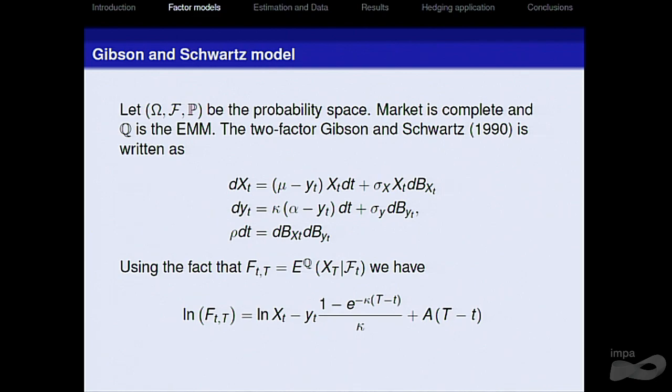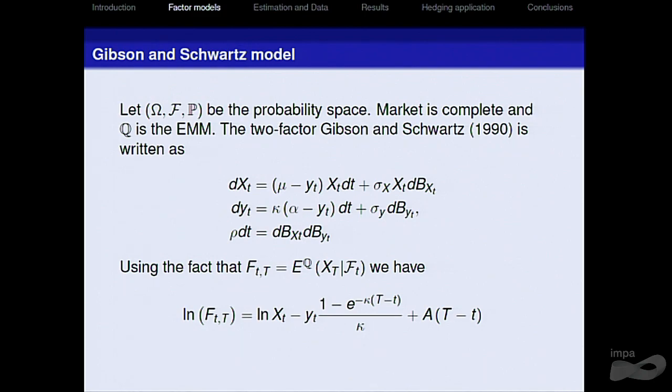The idea here is very simple. We want to improve this, to go deeper in describing the convenience yield without including any jump component or any stochastic volatility, which would make the calibration much more complicated.